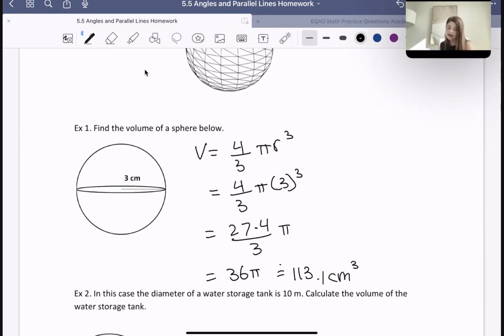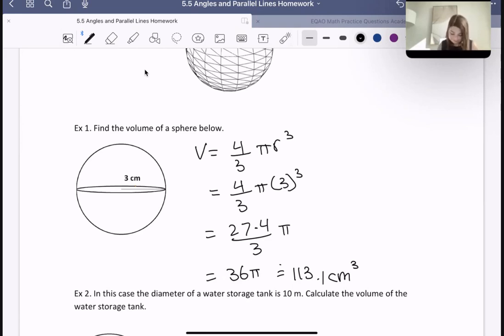And keep in mind, in this case, it's cubic centimeters, right? Not square centimeters, because we're taking a look in this case at an entire volume, right? So we want that full volume with all three dimensions, not two dimensions.